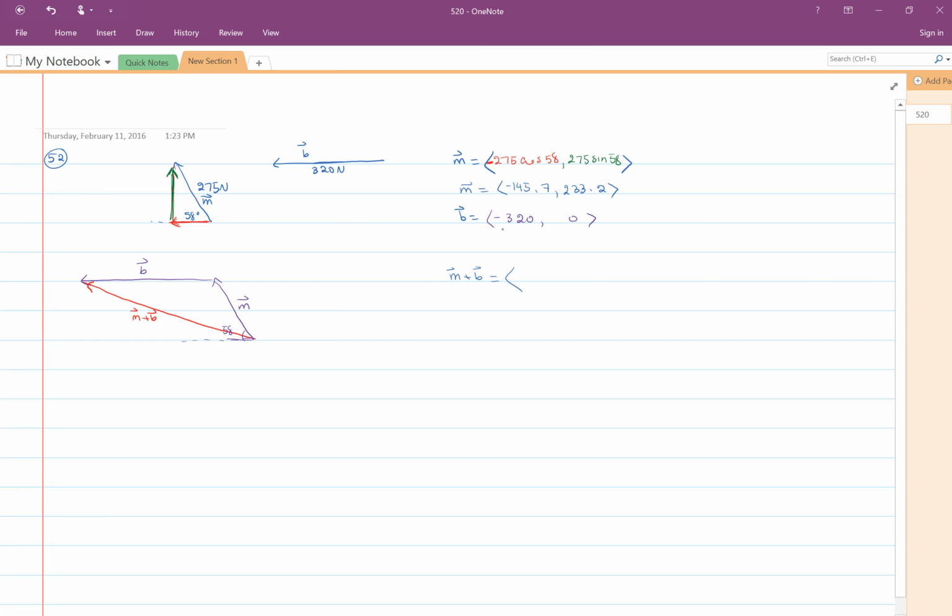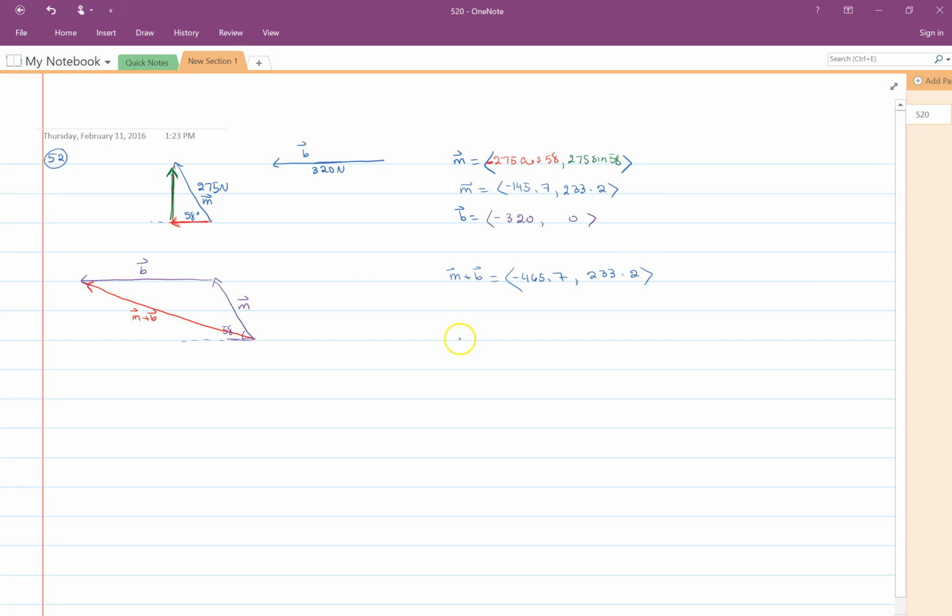So I add negative 145.7 plus negative 320, which is negative 465.7. And this is just 233.2. So that's the resultant in component form.